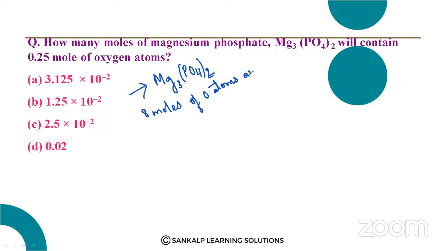are present in 1 mole of Mg3(PO4)2. So you have to relate this. In this particular magnesium phosphate, how many oxygen atoms are present? 8 moles are present. Each oxygen atom is said to be 1 mole.